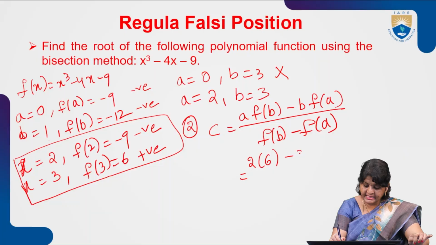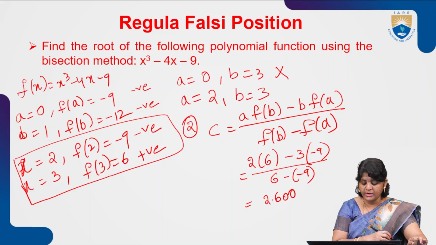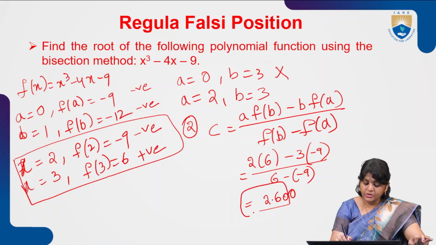Minus b is 3 and f of a is minus 9. Divided by 6 minus of minus 9. So this value is 2.600. I'm going to take up to 2 decimals or 3 decimals. So let us consider up to only 2 decimals. So the c value is 2.60.